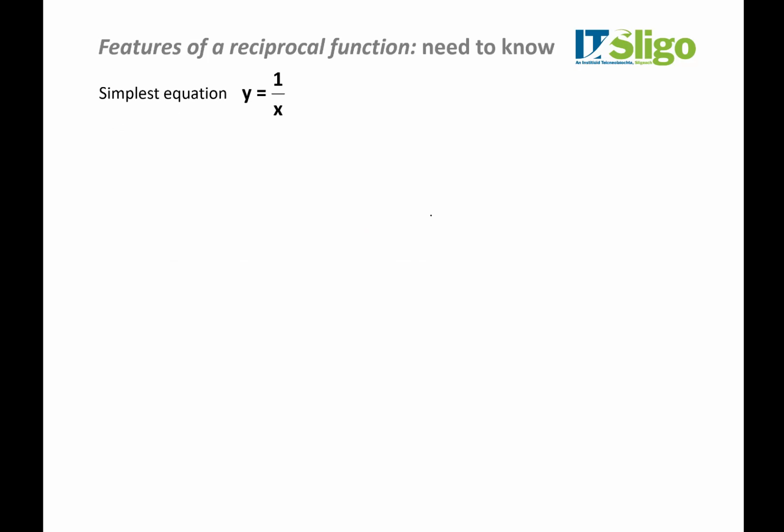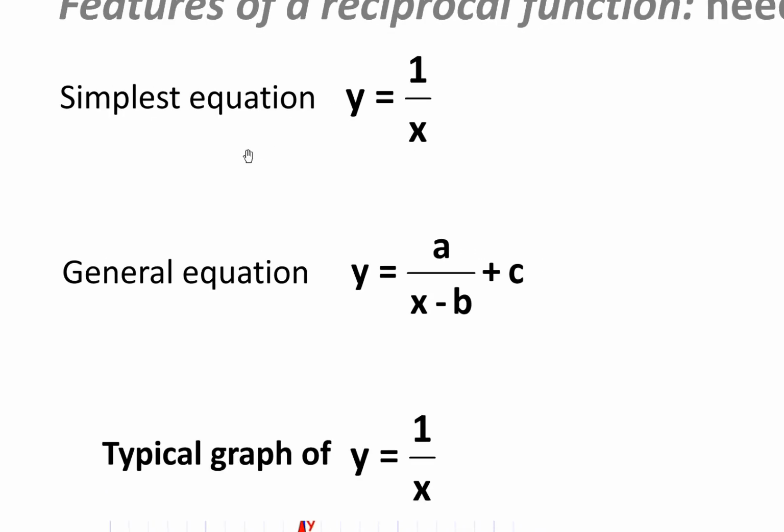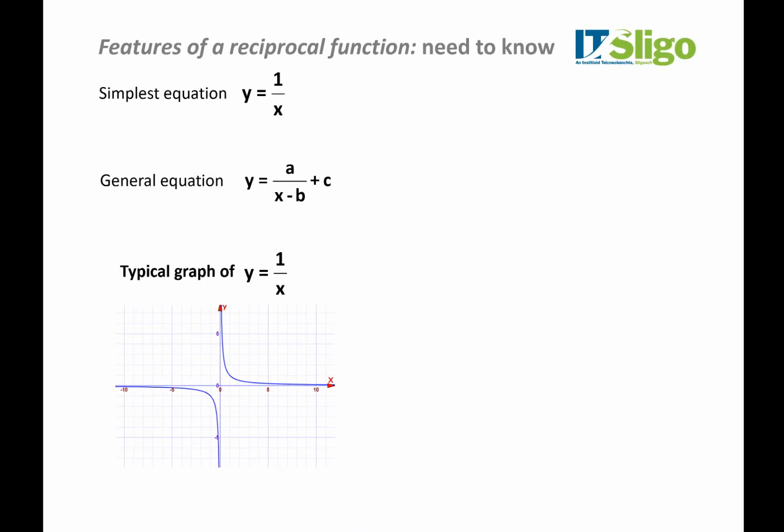Some of the features of the reciprocal function: simplest equation, the general equation. We'll be using this shortly. This is our typical hyperbolic curve. In the real world we normally just see that bit. One input, one output.